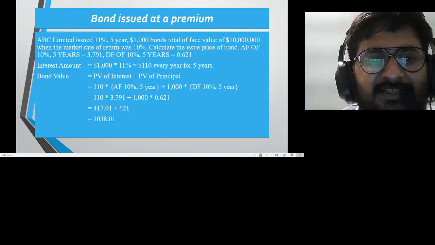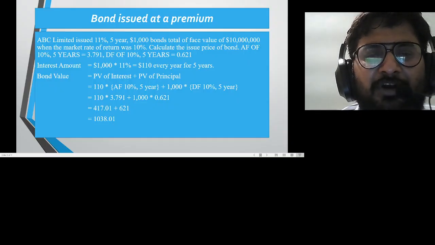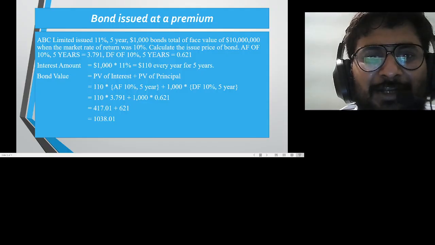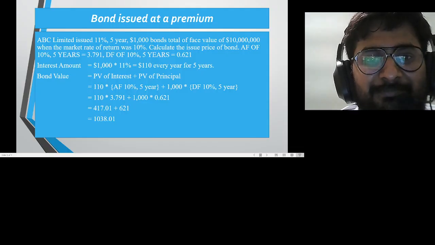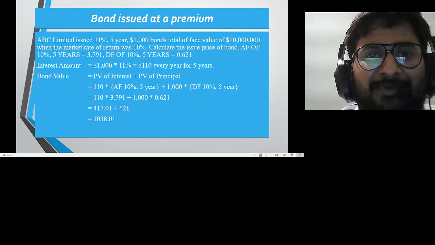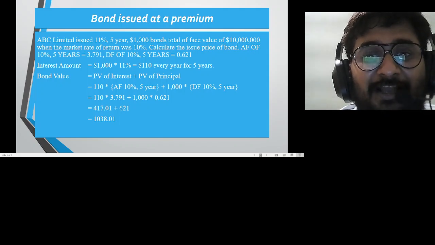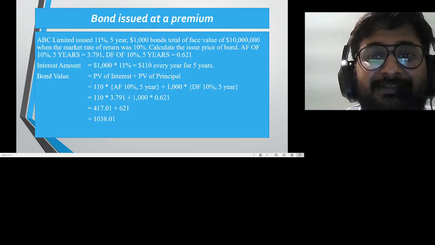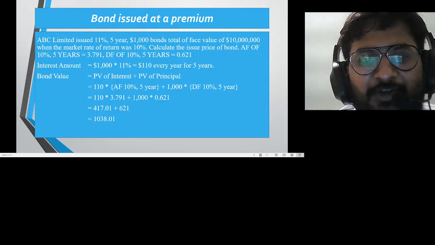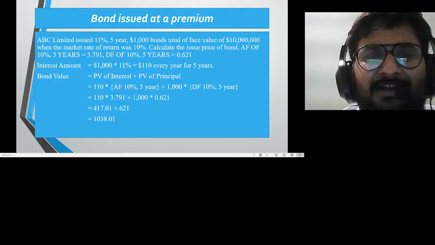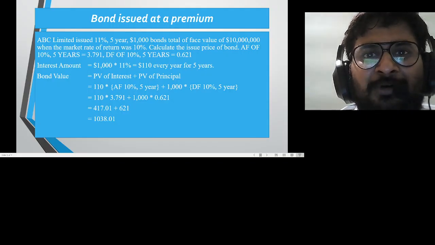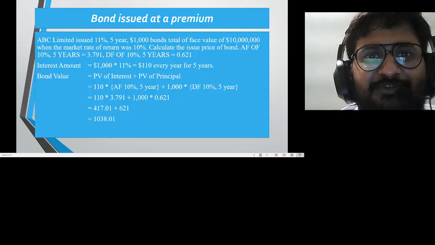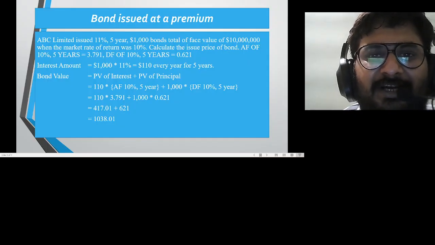You take the interest amount 110, and because it's a recurring cash flow, multiply by the annuity factor, market rate of return 10%, 5 years, plus 1000, the maturity value, a one-time cash flow, so discounting factor 10%, 5 years. So 110 into 3.791 plus 1000 into 0.621. This gives you 417.01 plus 621, that is 1038.